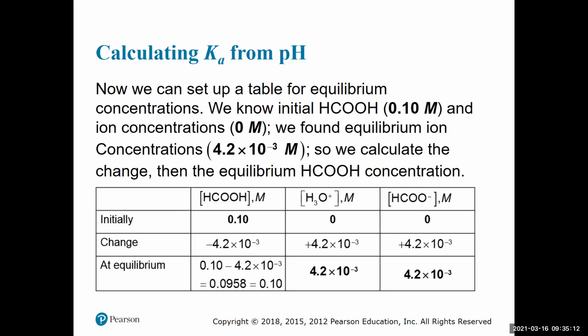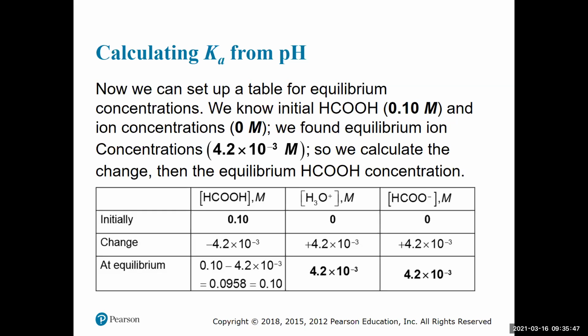0.0958. Well, if we stick to our significant figure conventions, because we started with 2 significant figures for this concentration, 0.0958 to 2 significant figures is still 0.10, right? This is one of the things that happens quite a bit in this weak acid equilibrium work.